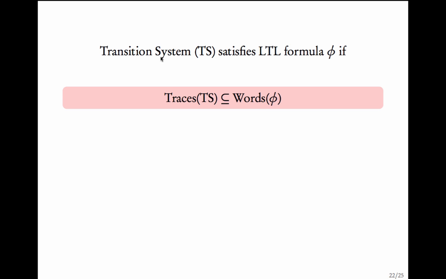Recall that a transition system satisfies the LTL formula if the traces of the transition system, that is all paths, satisfy the formula phi. In other words, the traces are contained inside the words of phi. We have seen this many times before. So this LTL formula gives rise to a set of words, and this transition system's traces is again a set of words. This set should be contained in this set.